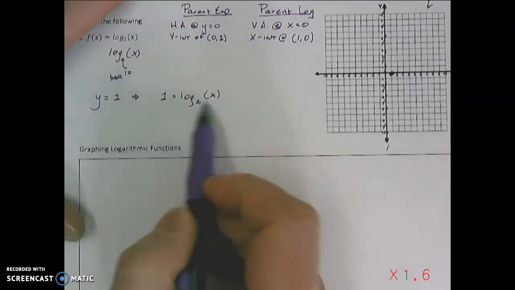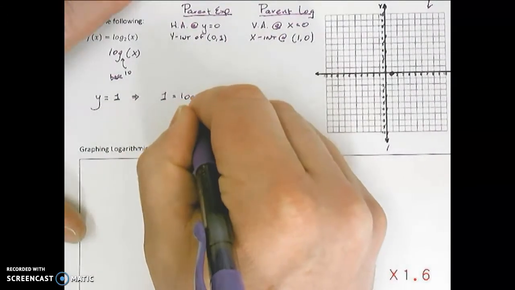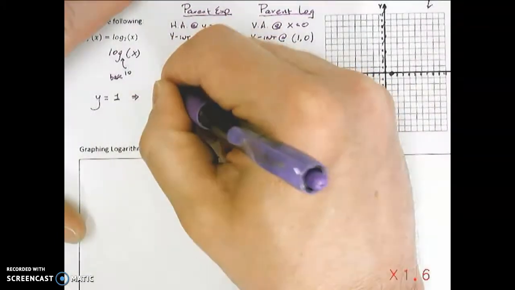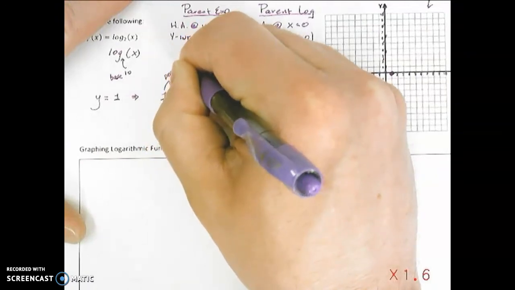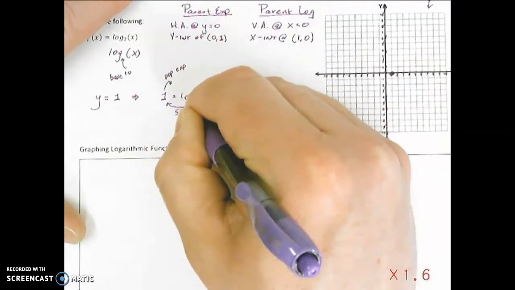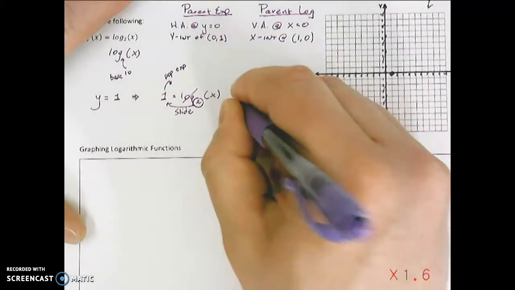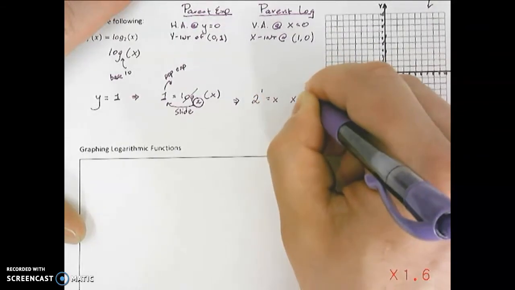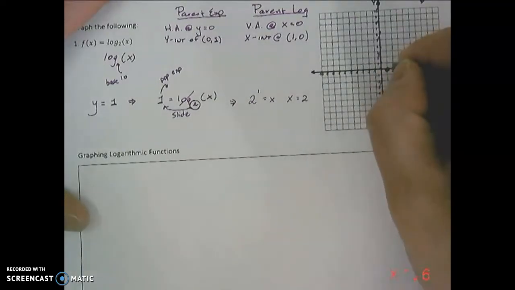To get the x out from the log, we're going to slide the base over to the other side of the equation, pop the 1 into an exponent, and then drop the log. So this becomes 2 to the first equals x, or x equals 2, which means we'll have a point of (2, 1) on our graph.